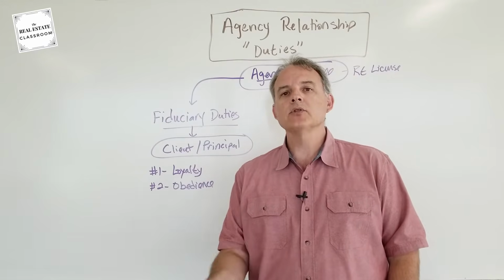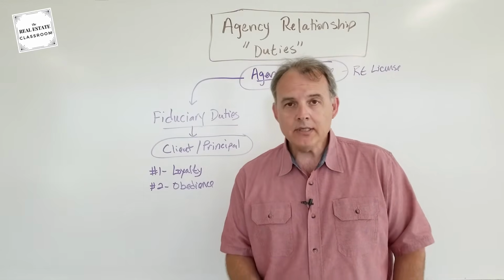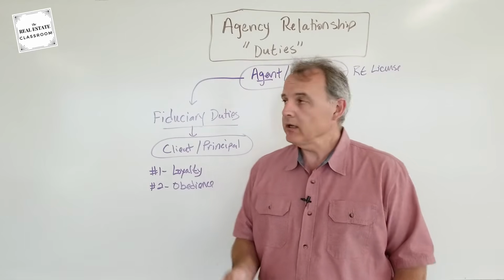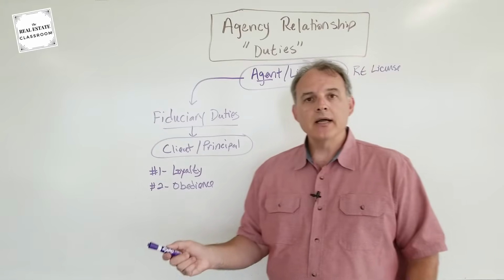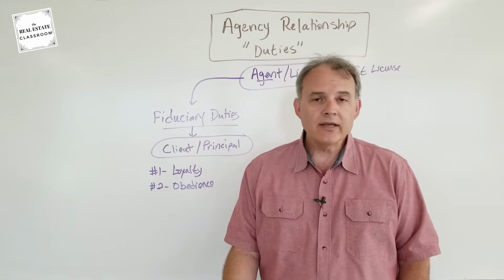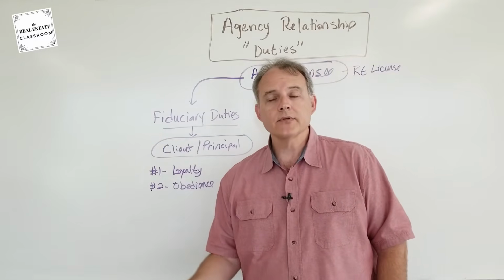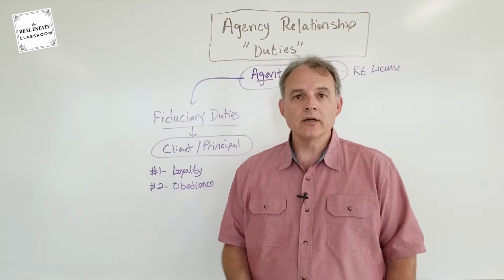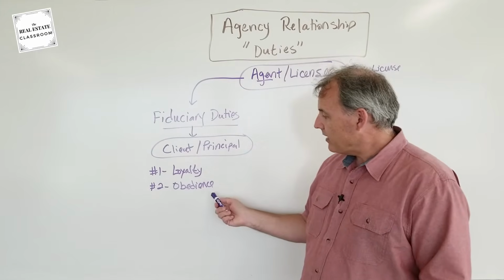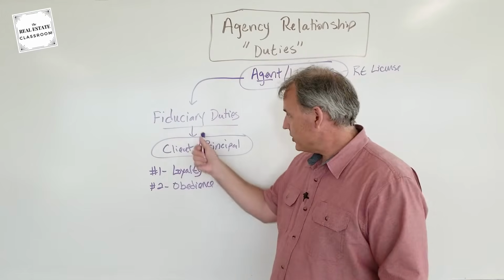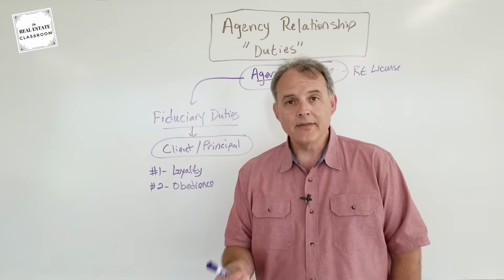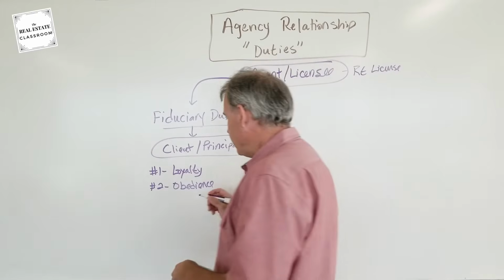So if the agent is representing a buyer client and the buyer client says, I want to offer $25,000 on a home that's for sale at a price of $250,000, then they have an obligation under the obedience provision of fiduciary duties to write that offer.